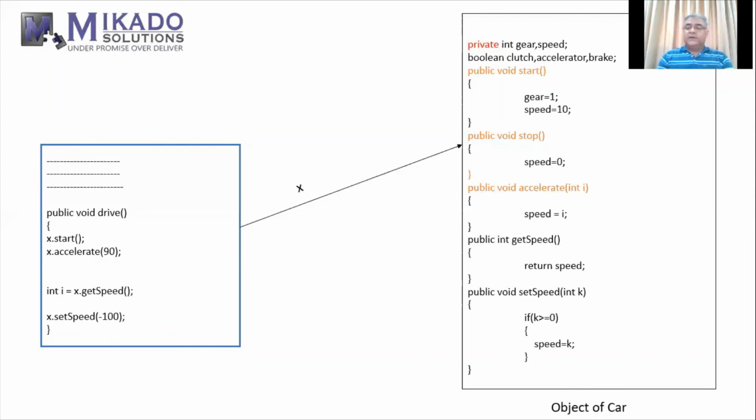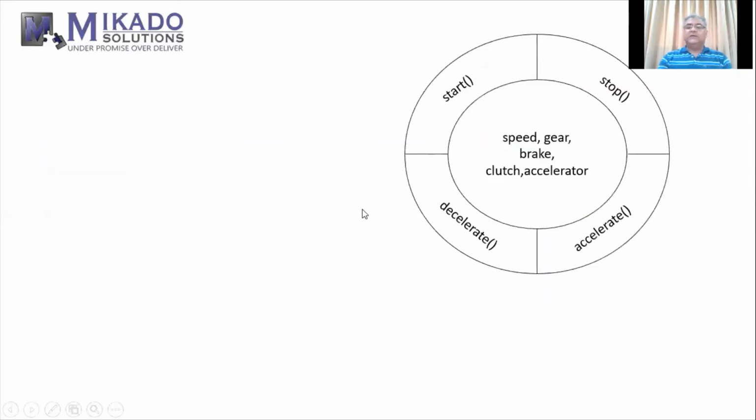So this was about object. Now I'd like to show you how an object is represented graphically. This is how objects are represented graphically. If you see here, the nucleus is made up of data: speed, gear, brake, clutch, accelerator. The nucleus made up of data is surrounded by methods.